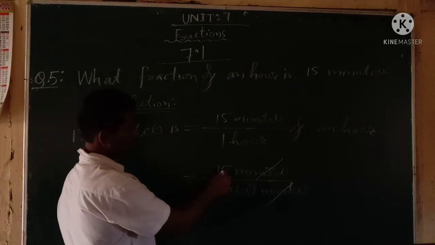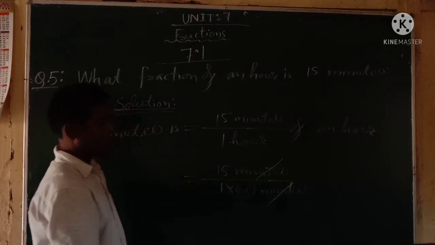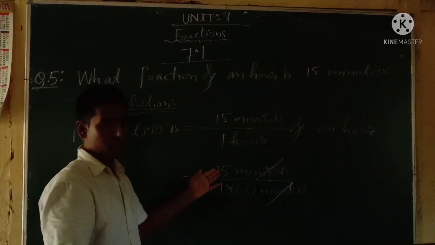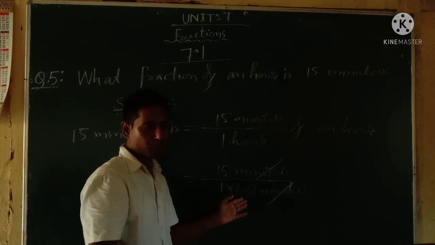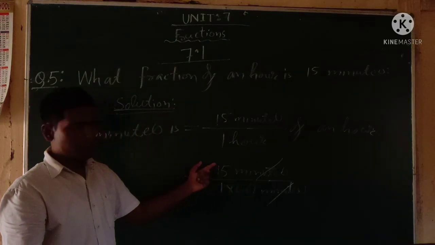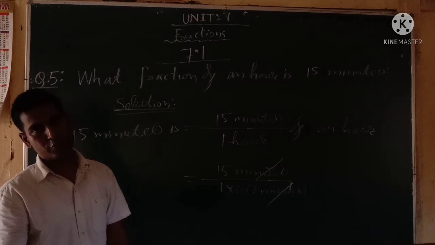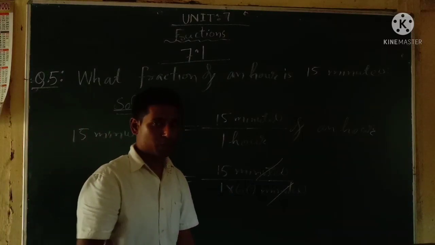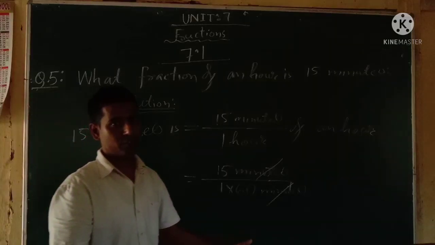We have remaining 15 in the numerator and 60 in the denominator. We know 15 is divisible by 3 and 60 is also divisible by 3. How? Divisibility rules. We have already learned them in class 4 itself.